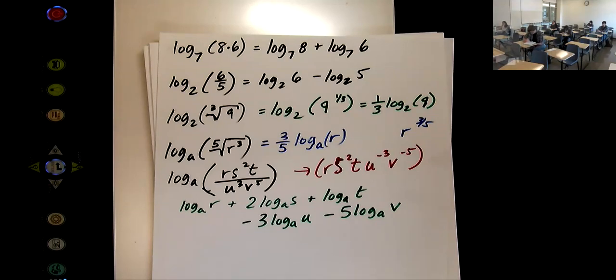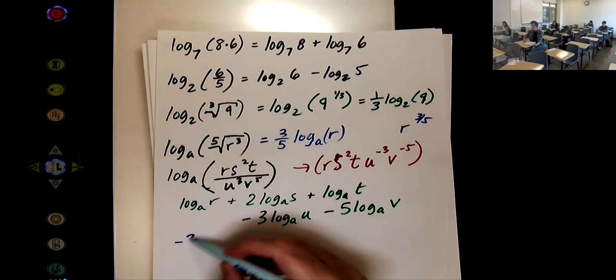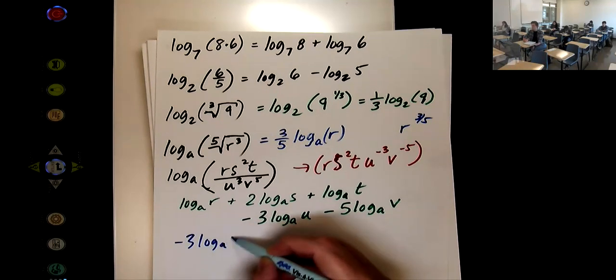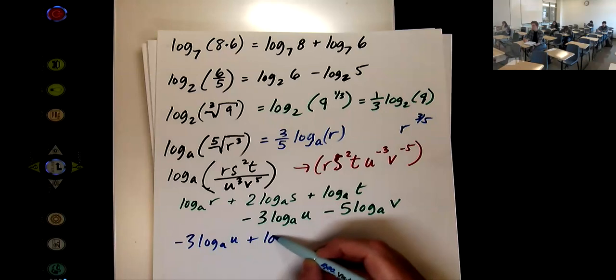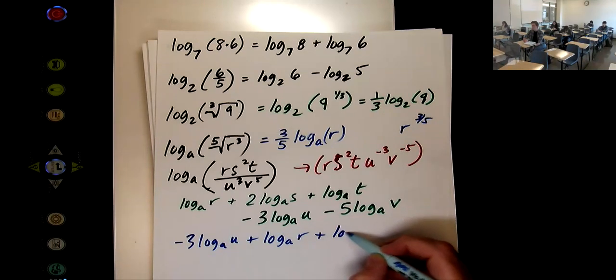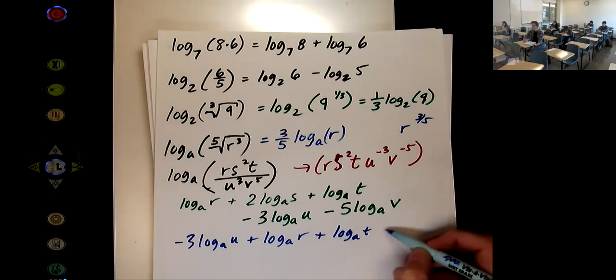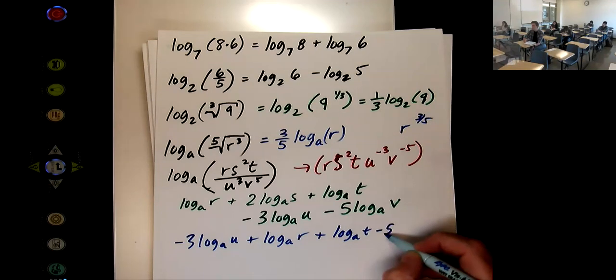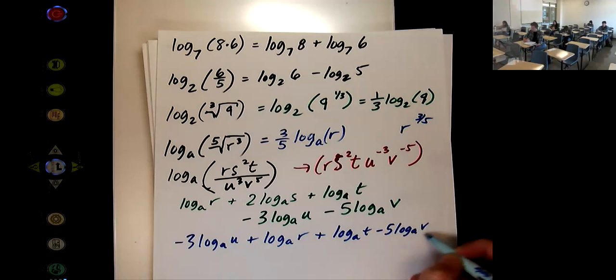I could have started off with -3 log a of u, and then I could have said log a of r, and then I could have jumped over to the t, and then gone back to the v, and then just done the s.